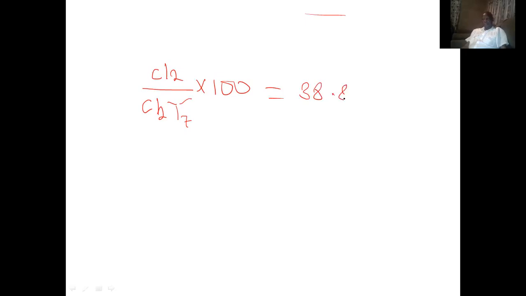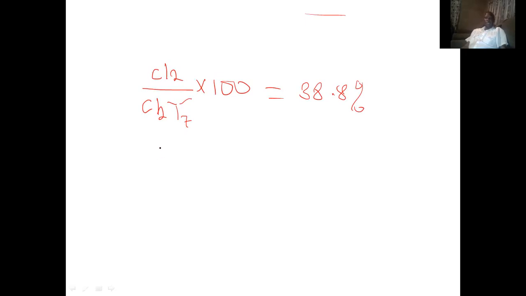And so we note that chlorine divided by the relative molecular mass for this compound, multiplied by 100, gives 38.8%.